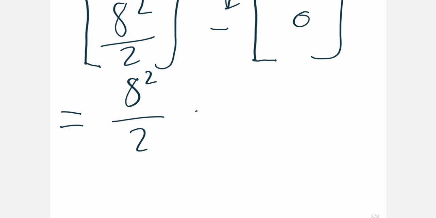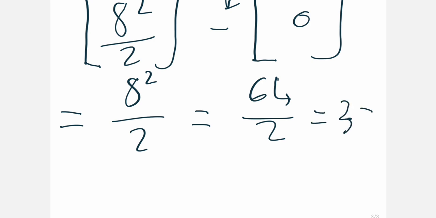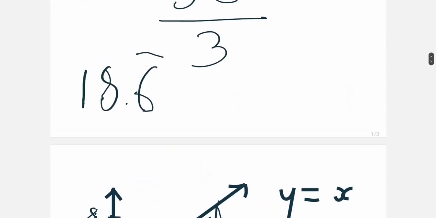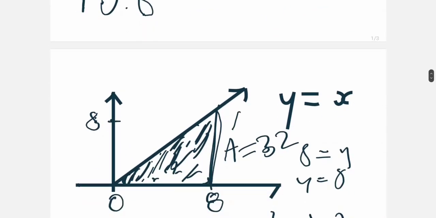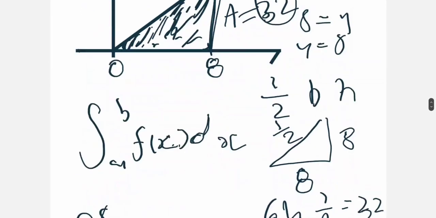So 8 squared over 2 equals 64 over 2, which equals 32. So the area equals 32. See? And this was our old question. Area equals 32. There. So this is how we can work out the area with both geometry and the formula.